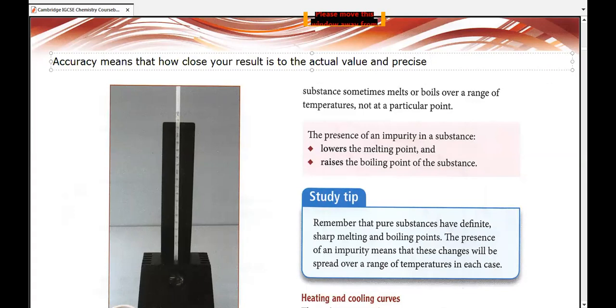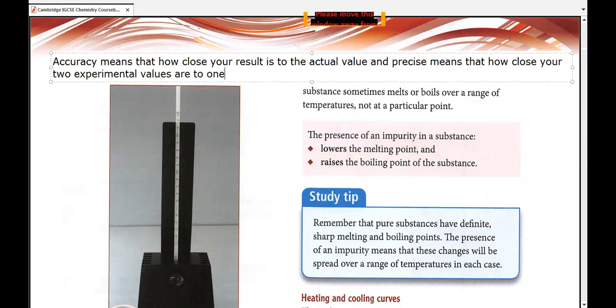So here I'm defining accuracy and precision. I've written: accuracy means how close your result is to the actual value, and precise means how close your two experimental values are to one another.